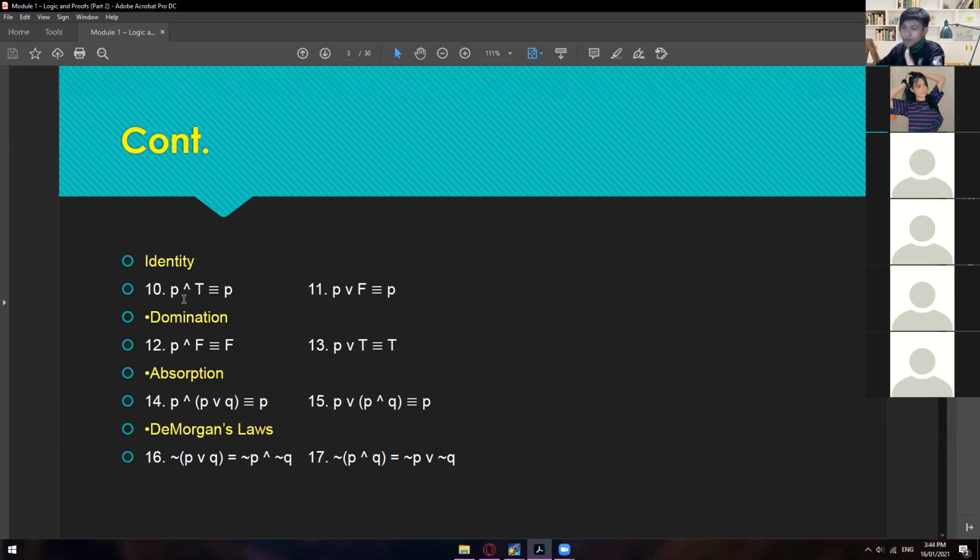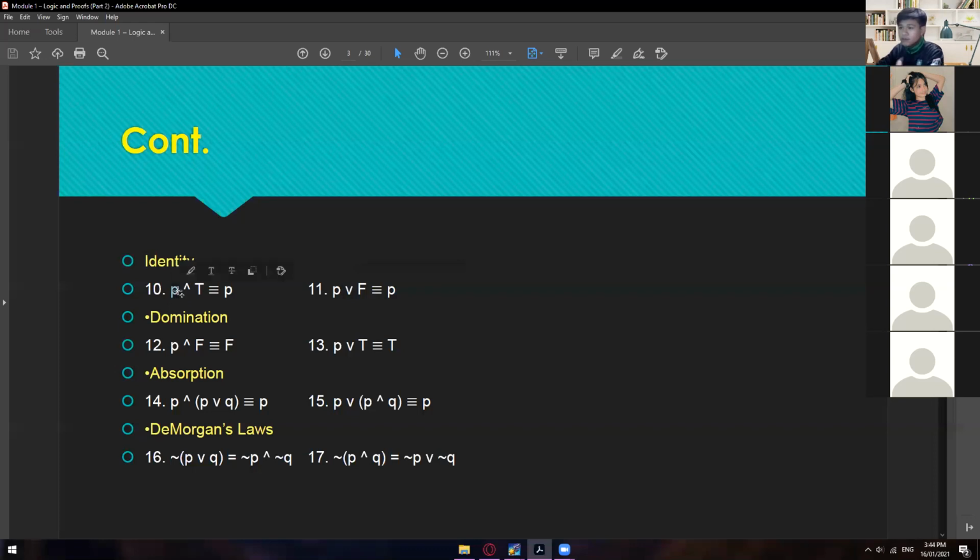But if you have one false and then let's say nine true, still the entire statement will become false, okay, because we're using AND. But if it's OR, okay, no matter how many false statements you have in that entire statement, as long as you have one true, then the value of that entire statement is already true. So that is why the value of this one depends on our letter P.